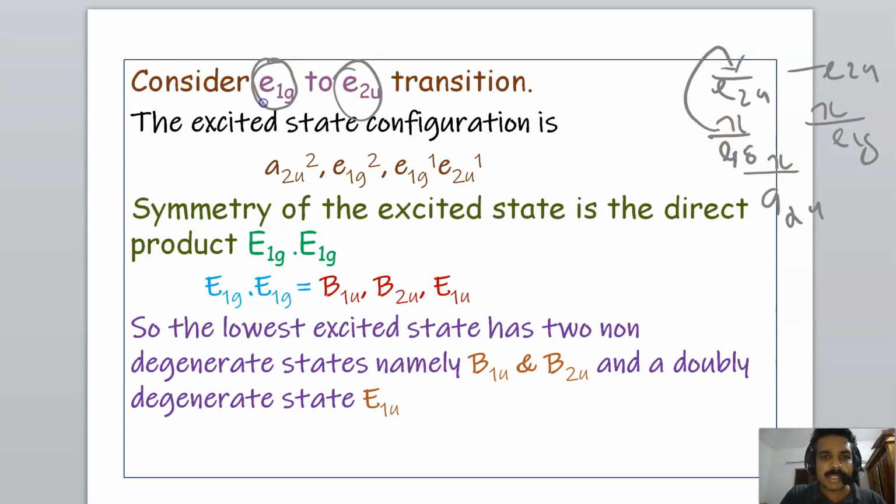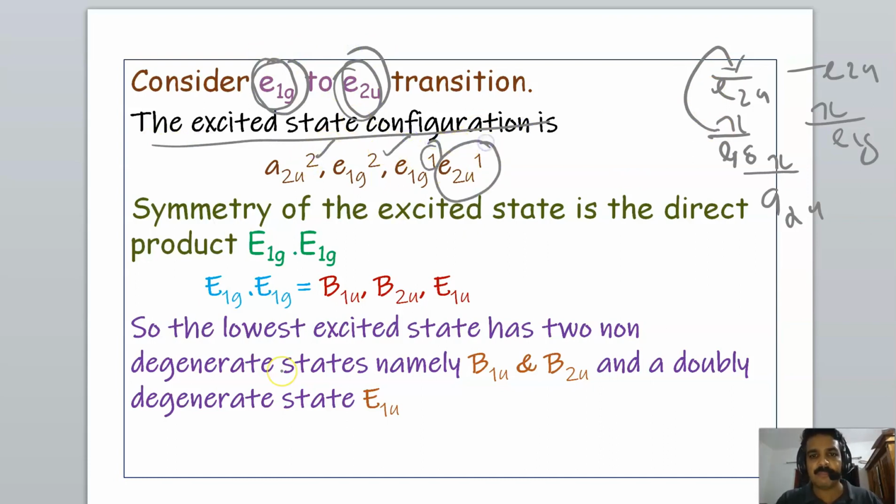So we are considering the E1g to E2u transition. The excited state configuration would be A2u2, E1g2, E1g1 and E2u1.